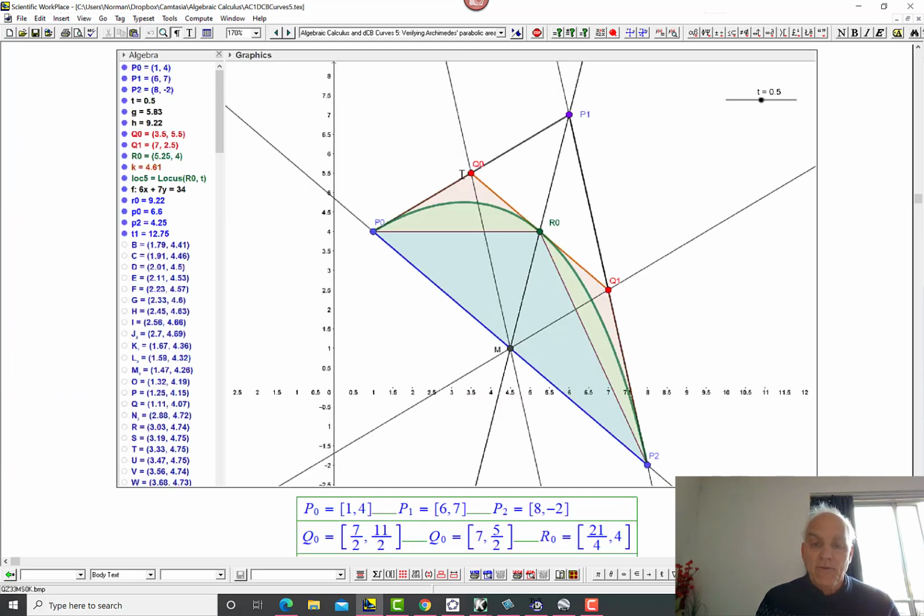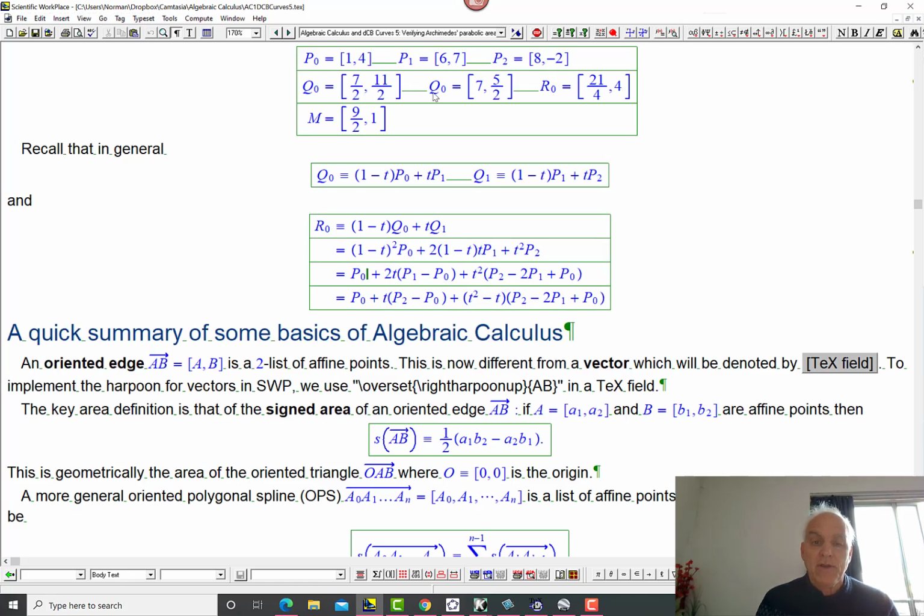So there's q0, and there's q1, and there's r0, and there's the midpoint m. Okay, and so we have all these values here, and here are the various relations that connect these things. Okay, so the ingredients are all there.